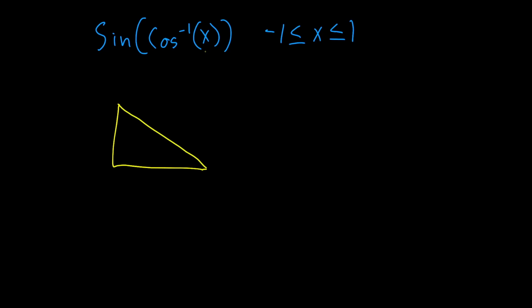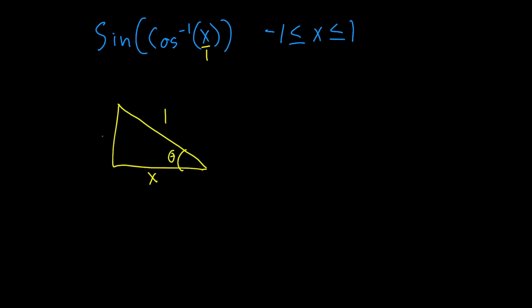Arc cosine of x means that theta is the same thing as, the cosine of theta is equal to x. X can be described as x over 1. Everything is always over 1. So on a triangle, that means our hypotenuse would be 1, and our adjacent side would be x.